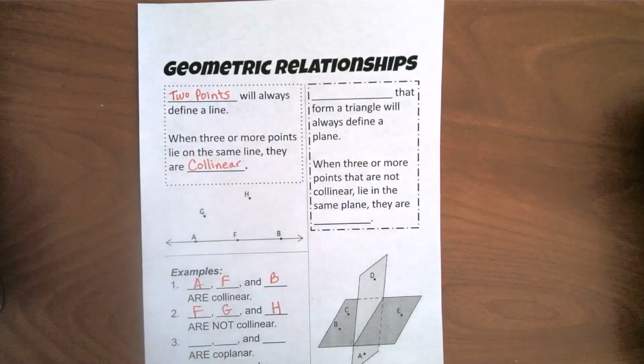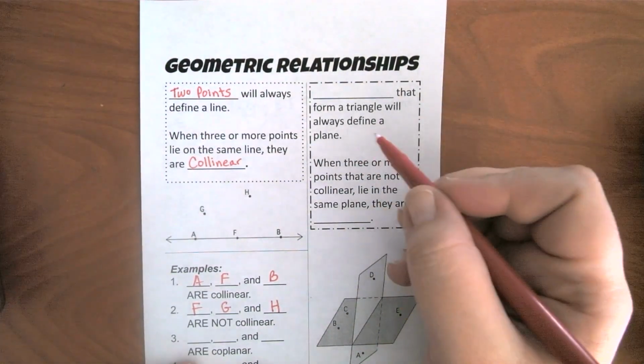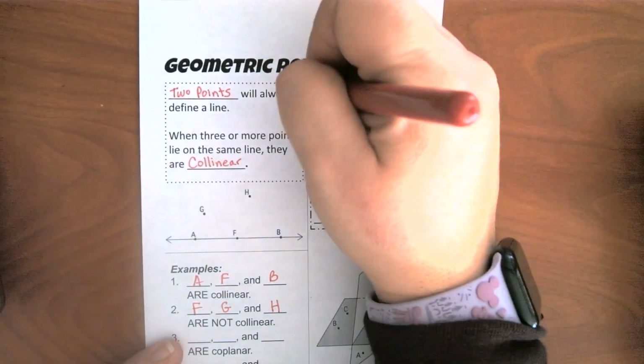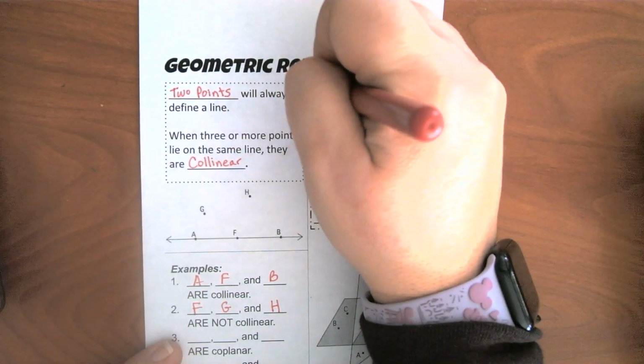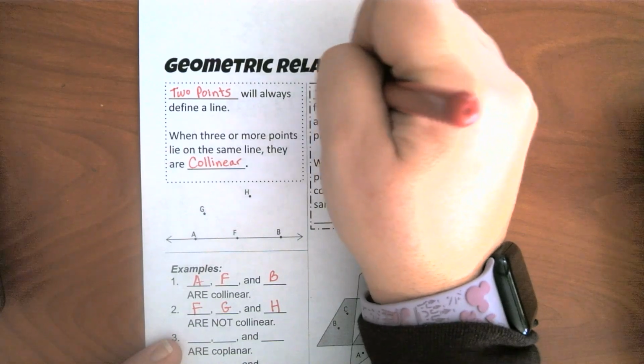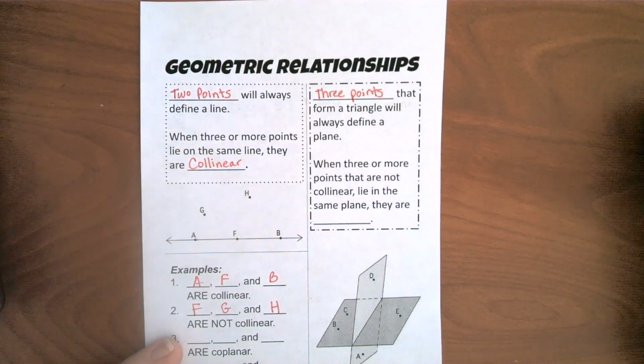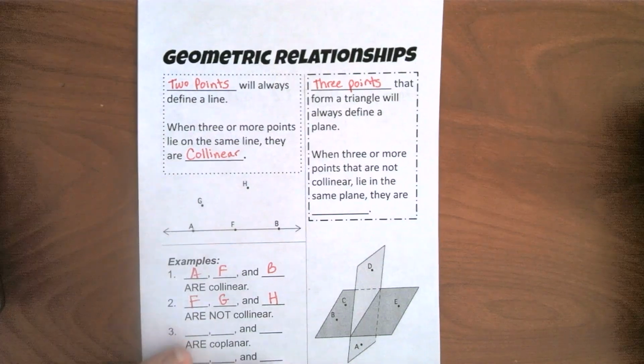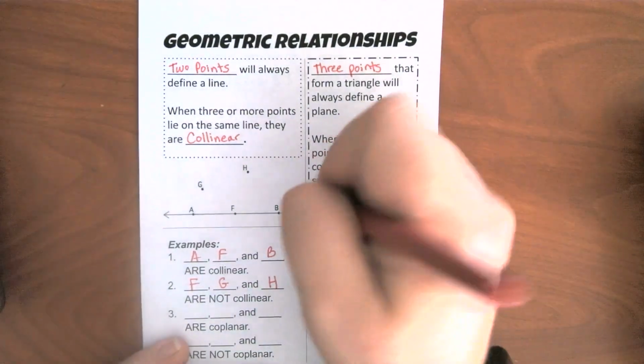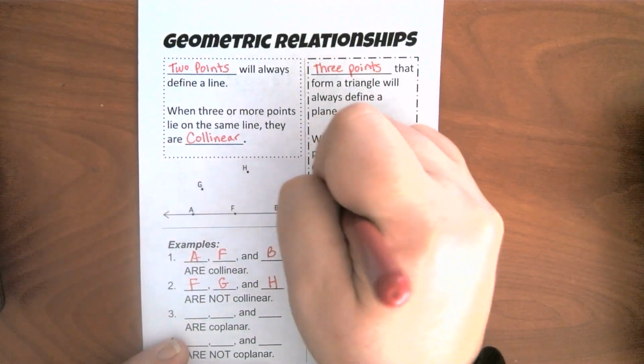For this next part, blank that form a triangle will always define a plane. And that's 3 points. 3 points that form a triangle will always define a plane. When 3 or more points that are not collinear, so not in a straight line, lie on the same plane, they are called coplanar.